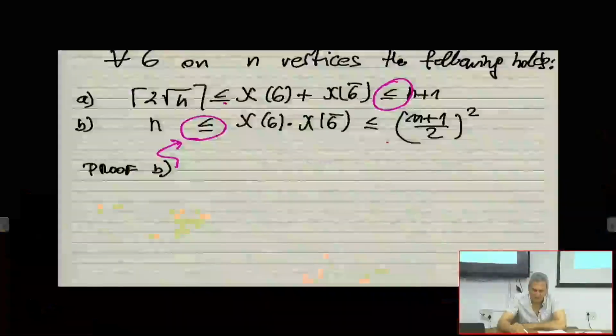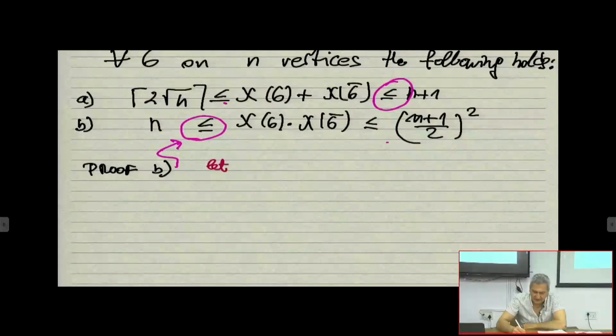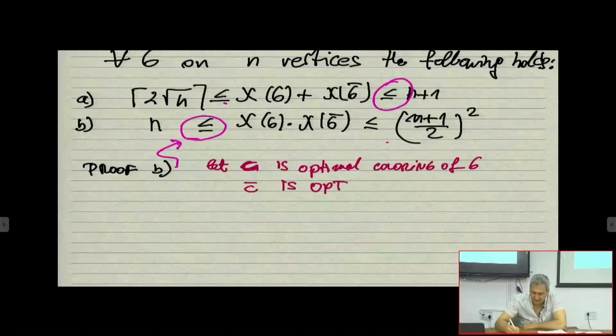B, this one. So, let C be an optimal coloring of G, and let C bar be an optimal coloring of G complement.